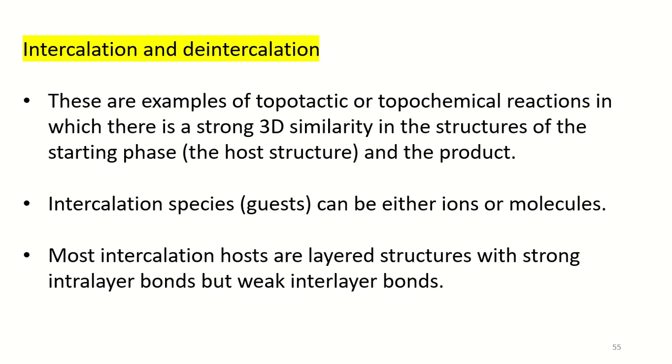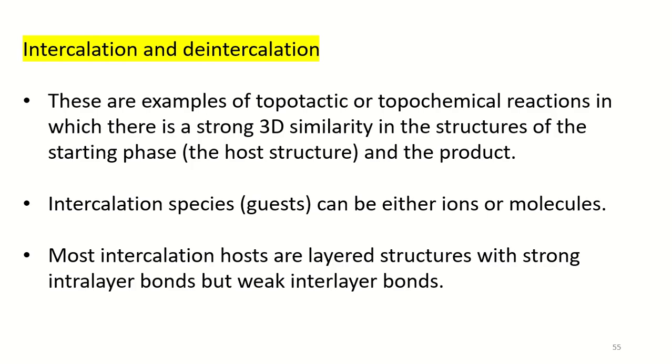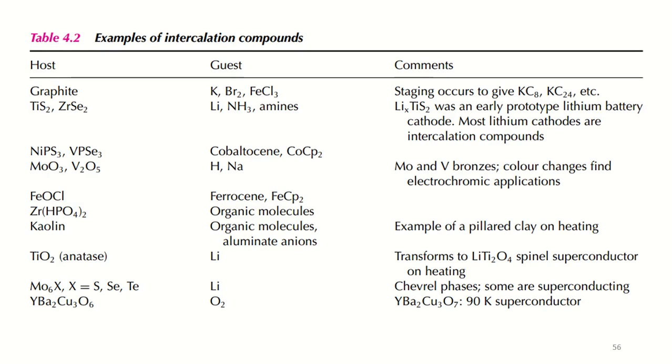These are therefore solid state redox processes, and an automatic requirement is that the host material should be a mixed conductor, so as to allow the migration of both ions and electrons.